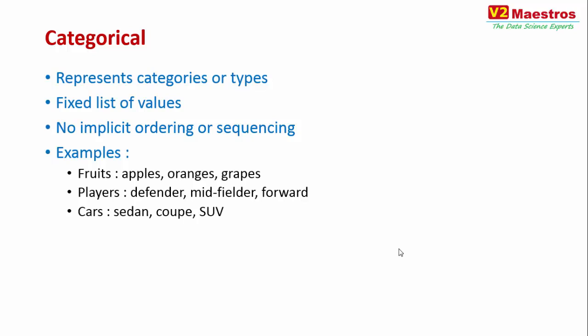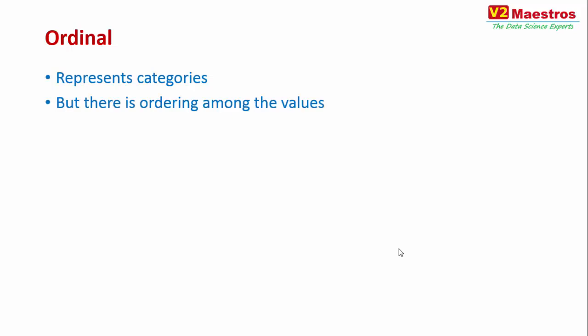The second type of data is called ordinal data, which is pretty much like categorical data in that it also has a fixed set of values, but there is ordering among these values. You can actually order them and say one is better than the other or one is higher than the other.